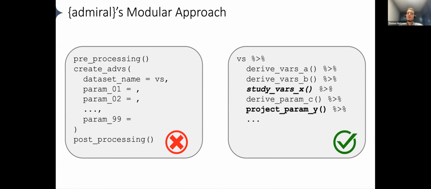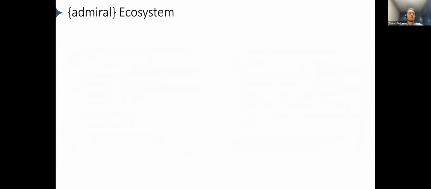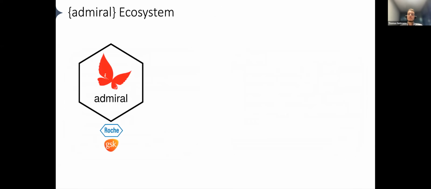And that should make it fairly easy to extend the tool in whatever way you need, because you just slot it in where it's needed and you don't have to work before or after the tool. So that's the design approach we took. And then one thing I wanted to show is that actual Admiral is not a single package anymore. It did start out as this collaboration between Roche and GSK. And today's workshop will also only cover Admiral itself, but it has grown since then.